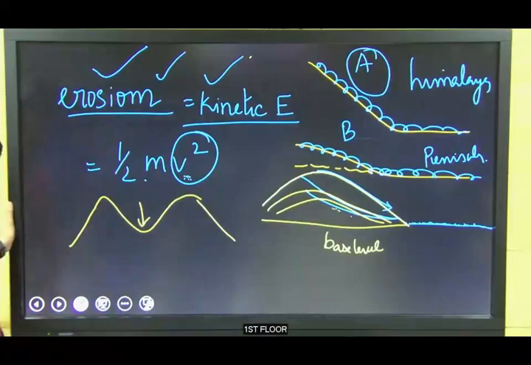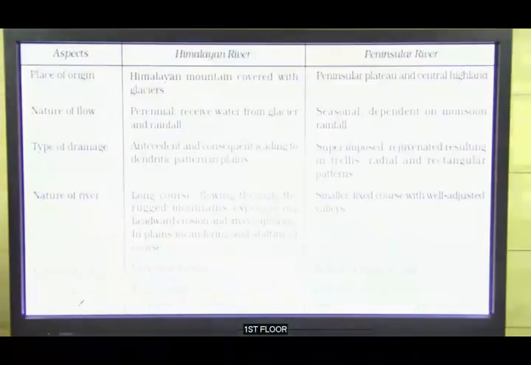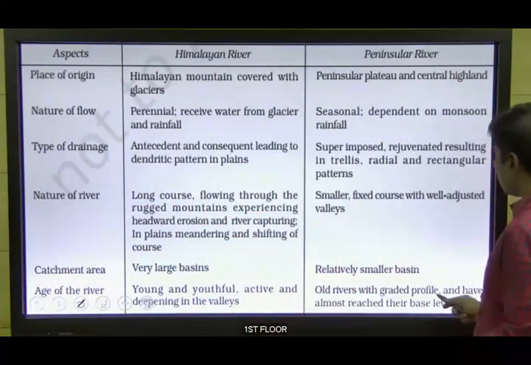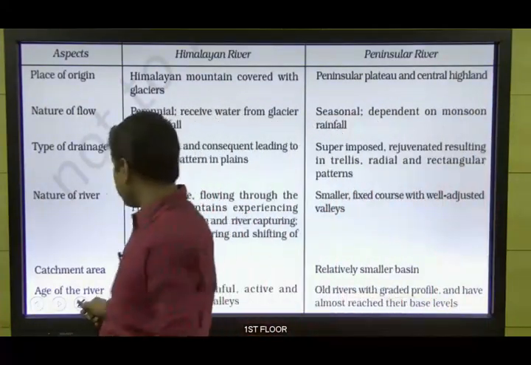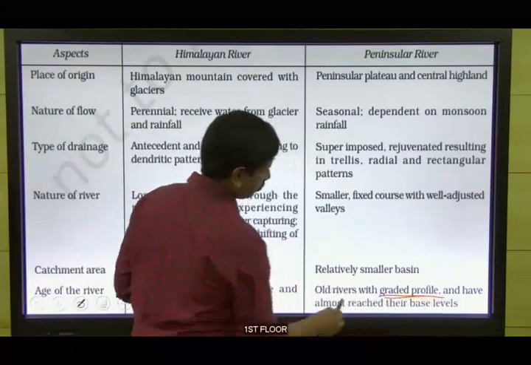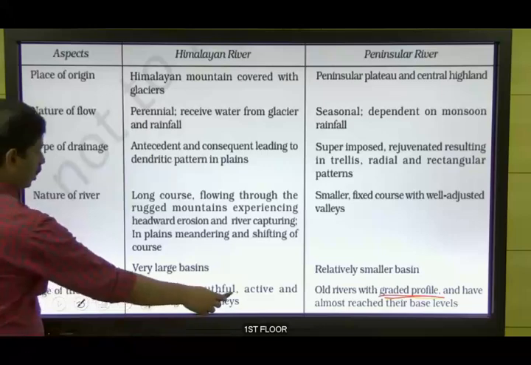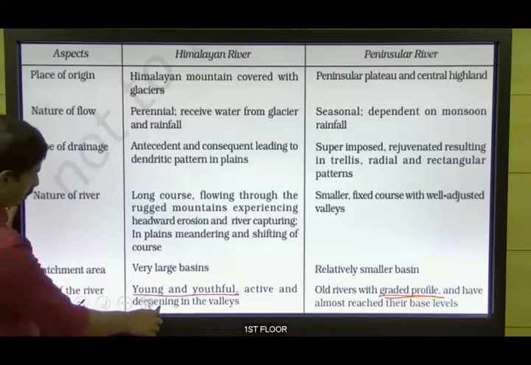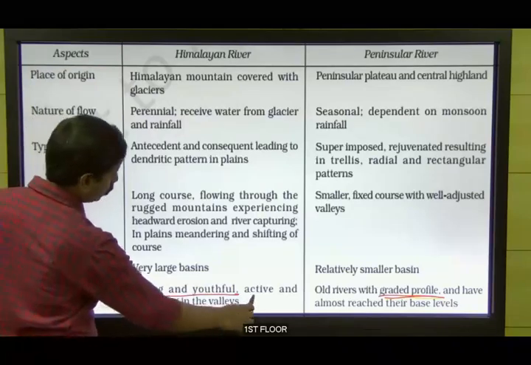So the erosion capacity will be less. So the valley deepening will not be there. Okay, it is graded. Graded profile means the slope is very gentle. Here it is young and youthful with high velocity. So deepening in the valleys due to erosion.